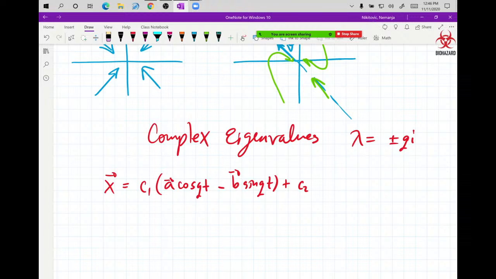Oh, maybe I should, how about we do this? Just qi. There we go. Because there's no e over here, which means there's no real part to the problem. Okay, let's go. b cosine qt plus a sine qt. There we go.